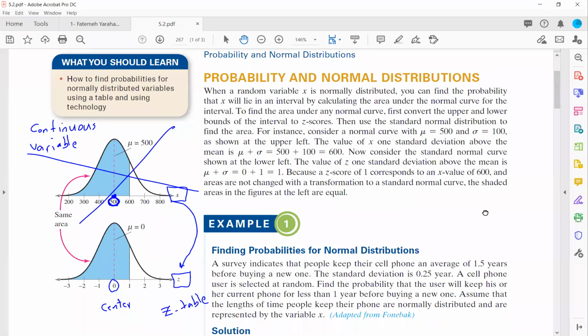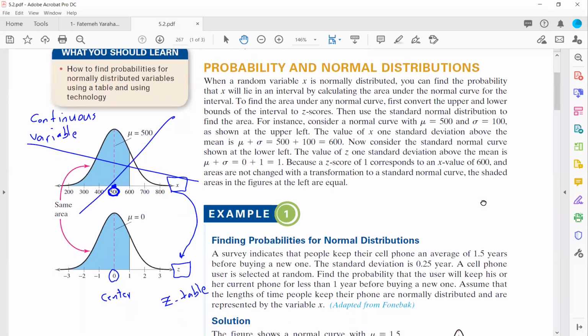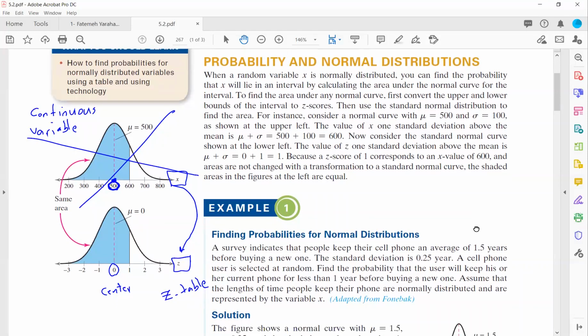Let us take a look at one example to feel more comfortable with what's going on here. Example 1 says, a survey indicates that people keep their cell phone an average of 1.5 years. Let us stop. What's the meaning of average? Average means mean.